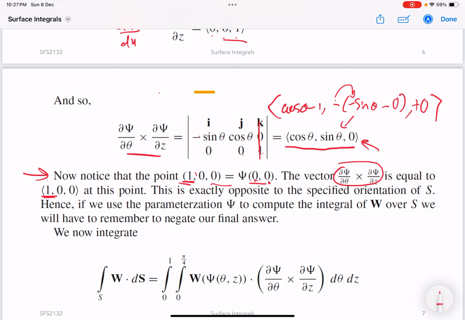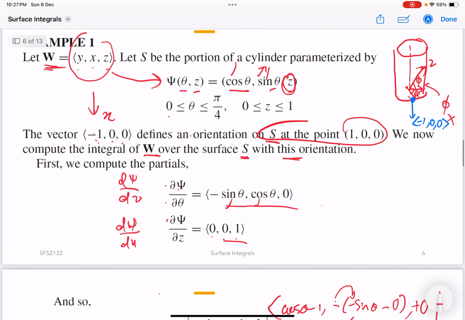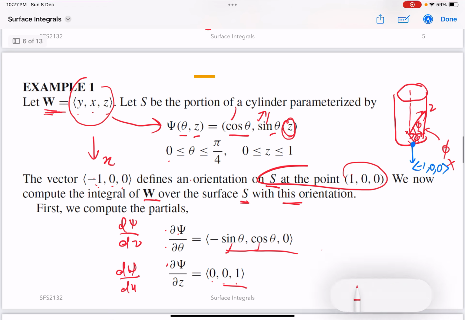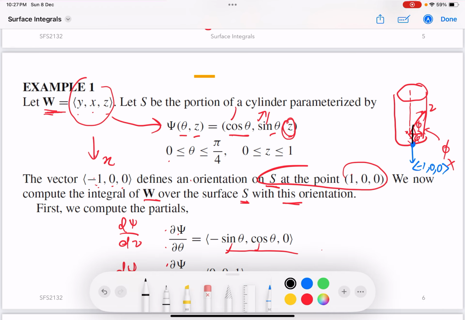You get cos 0 equals 1, and sin 0 equals 0. So this means that the normal vector is in the positive x direction.